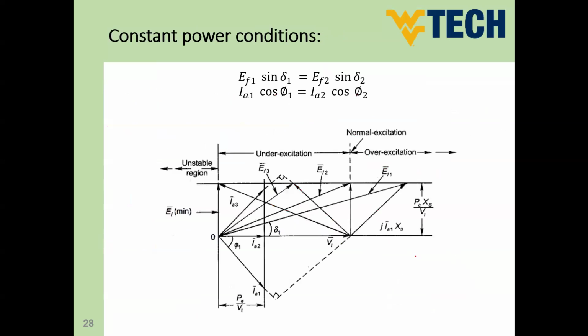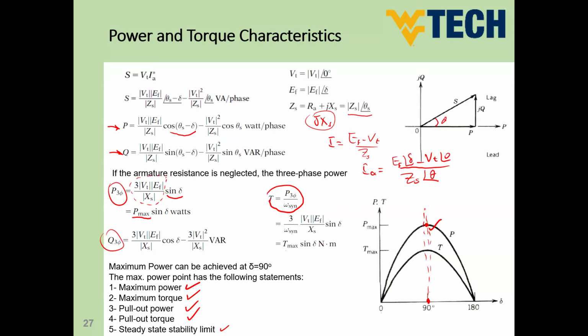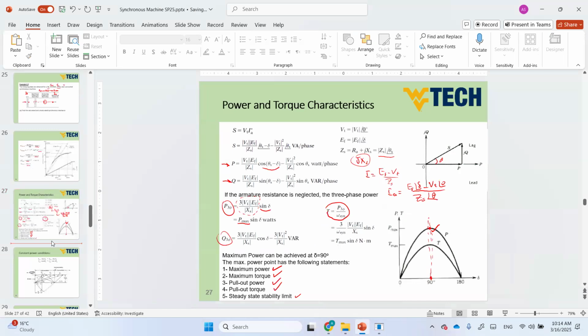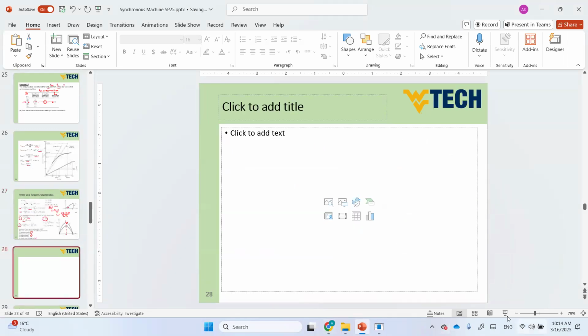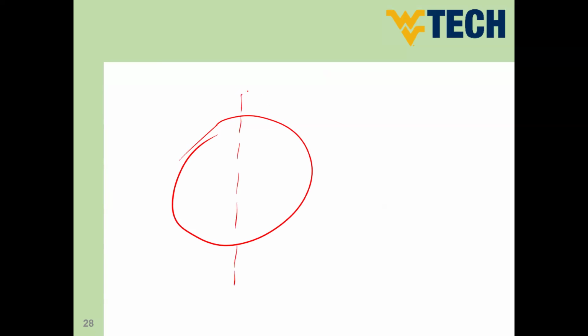Let's see what is the meaning of steady state stability limit. Let me draw something here in another slide. So I'm going to draw a section of our machine. This is the axis of the machine, and assume we have pole N here and pole S here.